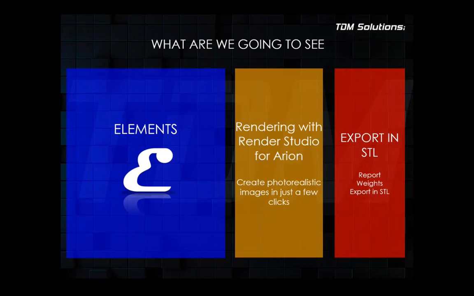And of course, we will take a look at how to export the 3D models to generate STL files for 3D printing. Of course, we will see a little bit about the manufacturing tools, how to generate reports and weights, and I believe this will be really, really useful.